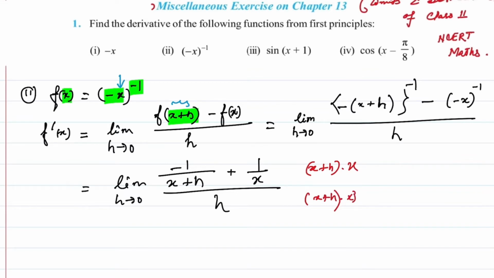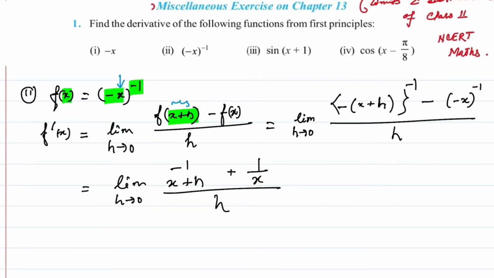Then these two terms will be cancelled, then x into minus 1 we will get. And in the second term, here x is going to be cancelled, we will get only the x plus h term. I hope you have understood this.